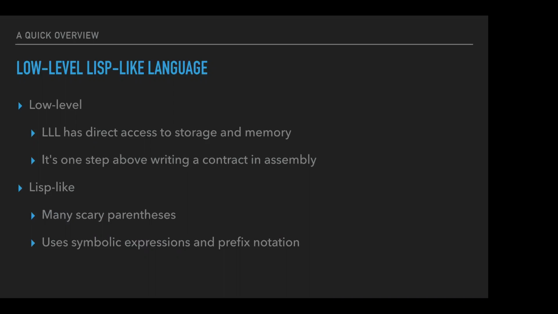So, low level. LLL has direct access to storage and memory. So you determine exactly where in memory or storage your data sits. You can arrange things to optimize storage use to decrease your gas costs. Speaking of optimization, you can arrange your code for the best use of resources. For example, say you have a data structure that you need to index into.